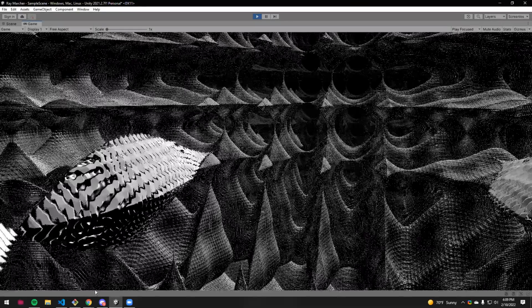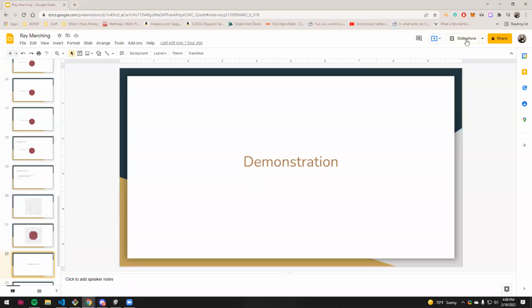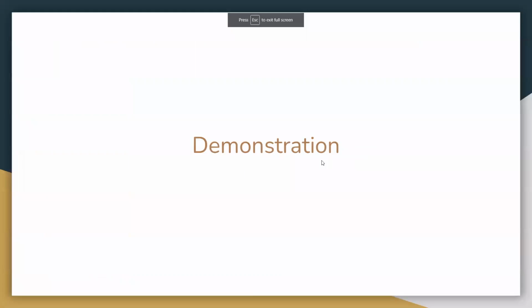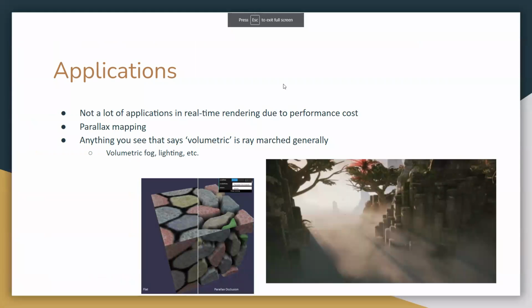Back to the presentation though. For applications of ray marching, unfortunately, there's not a whole lot in real-time rendering, because calculating the ray marching algorithm for every pixel of the screen, every frame, is kind of costly.